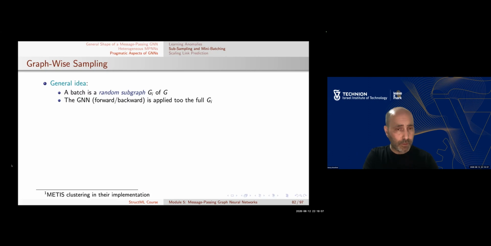We use the full GNN on the full G_i, as if we're not doing mini batching. So similarly to the original idea of mini batching, very simple. This is also insensitive to the model.